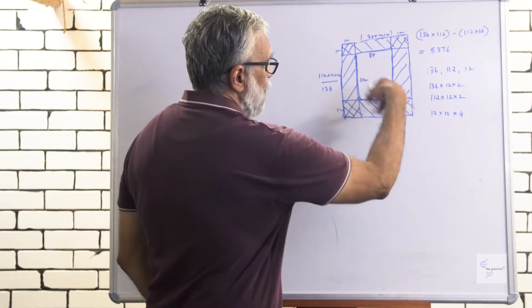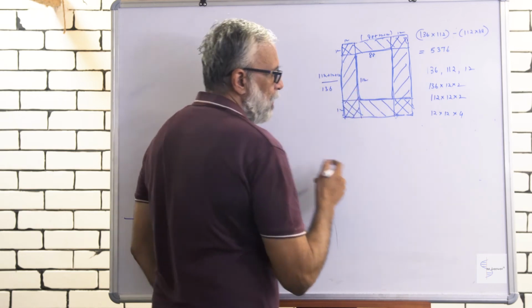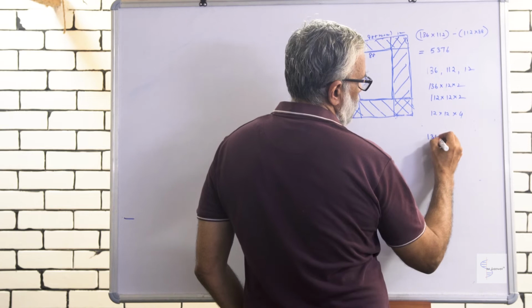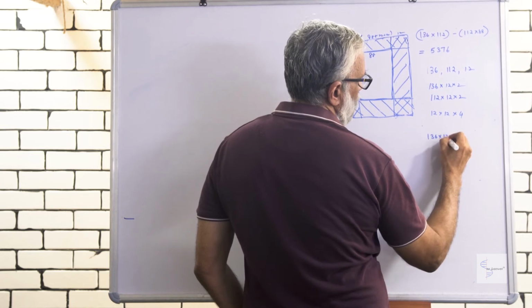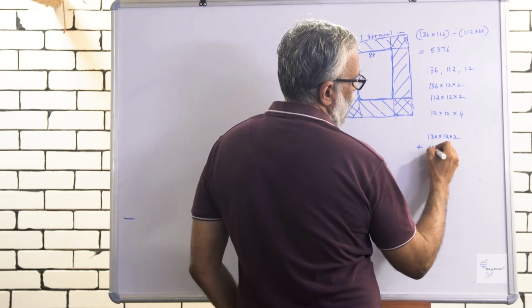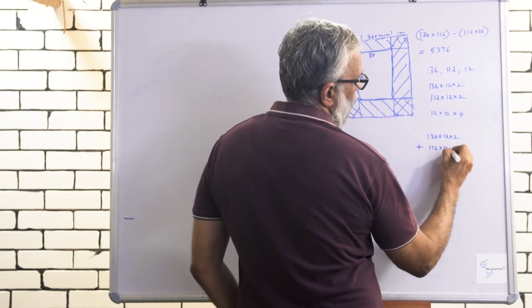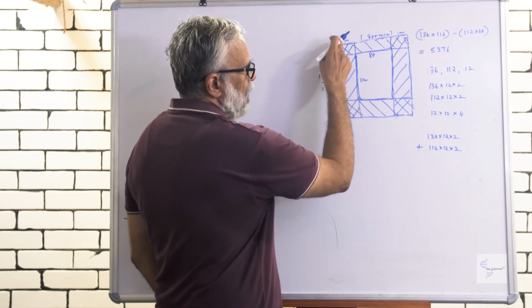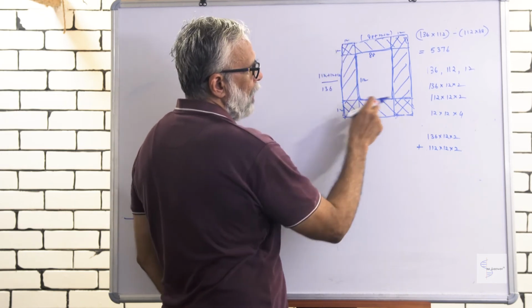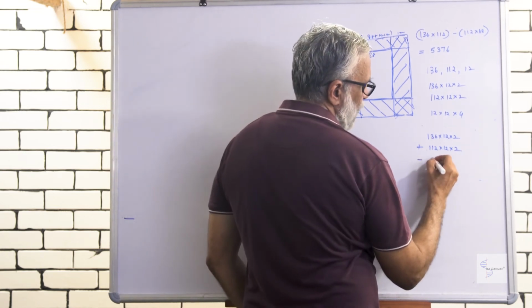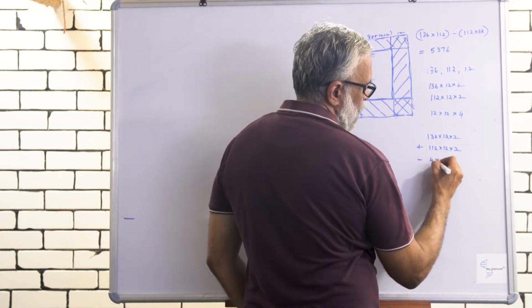So in this case the total area of the footpath is nothing but 136 into 12 into 2 plus 112 into 12 into 2. Unlike the previous case, this square of the footpath has been counted twice, so you have to subtract 4 such.